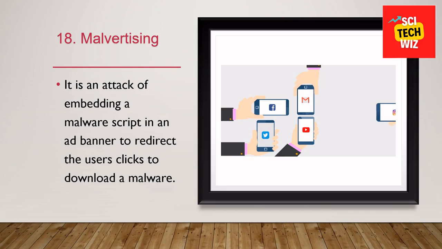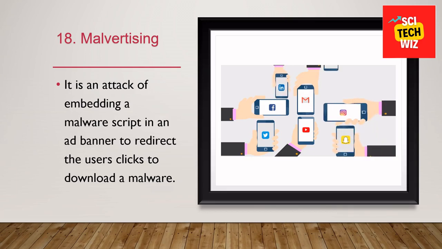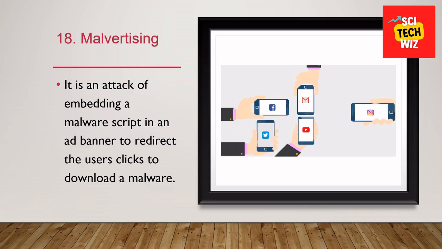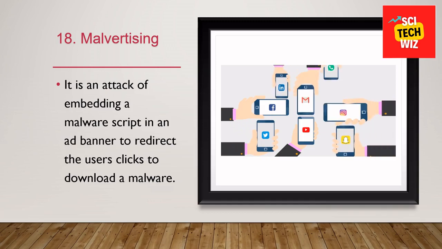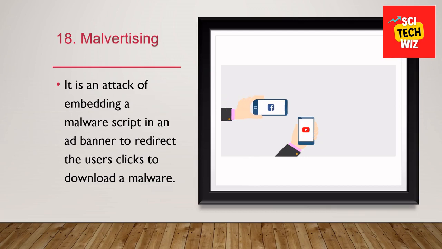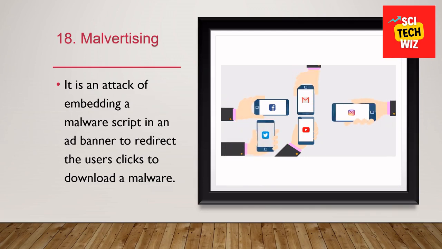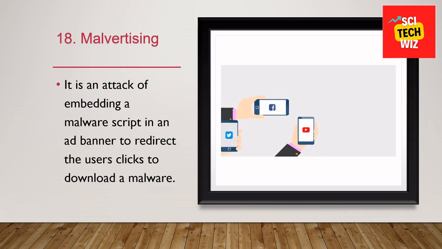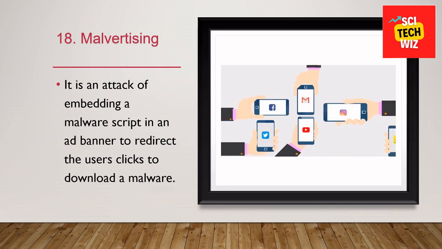Immediately you click the link on that legitimate website, but a malware is embedded in that advertisement. So what happens? Whenever you click on that link, it immediately downloads a malware into your system.